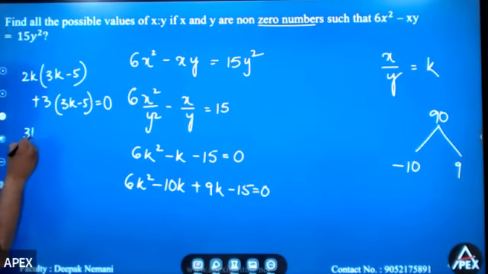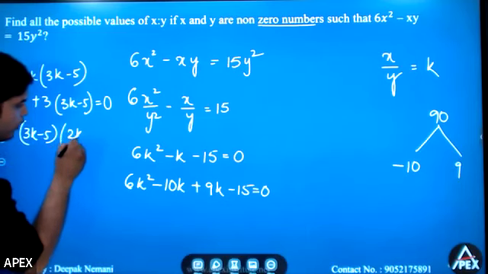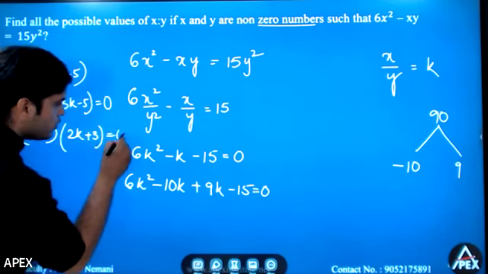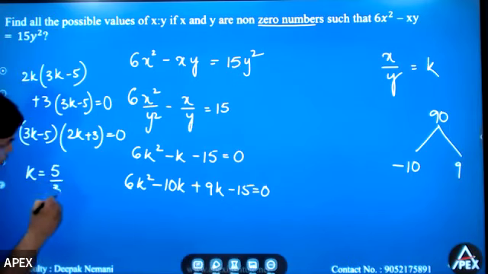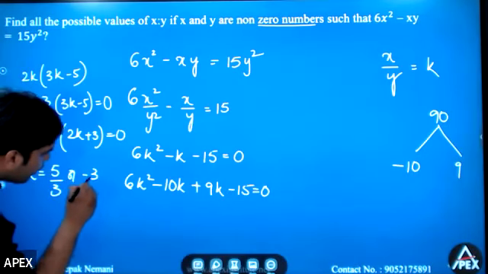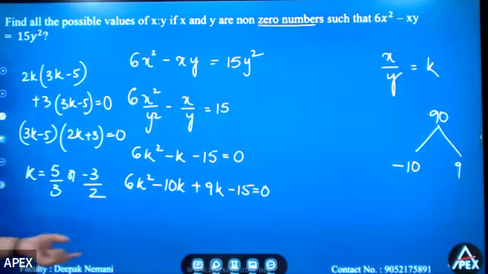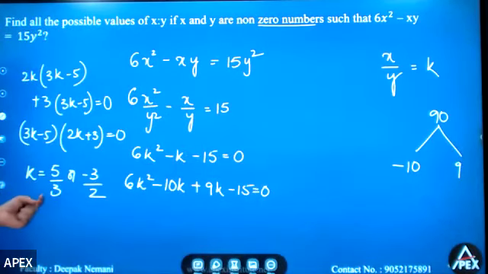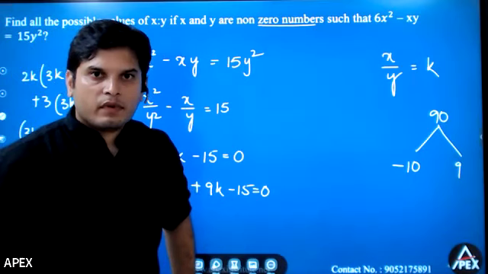So this will be 3k minus 5 into 2k plus 3 is equal to 0. Now the value of k will be either 5 by 3 or minus 3 by 2. Now k is nothing but x by y. So the possible values of x by y are 5 by 3 or minus 3 by 2. Clear?